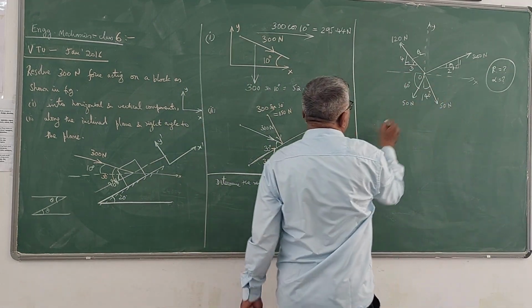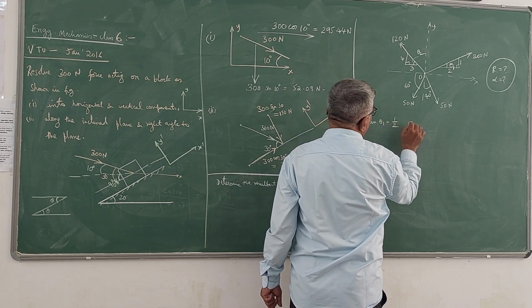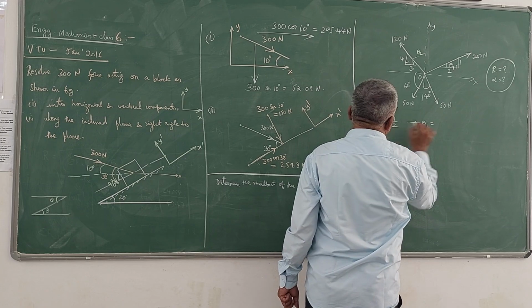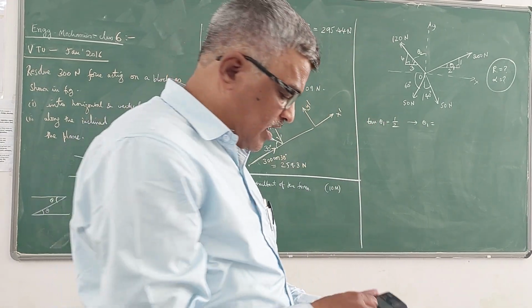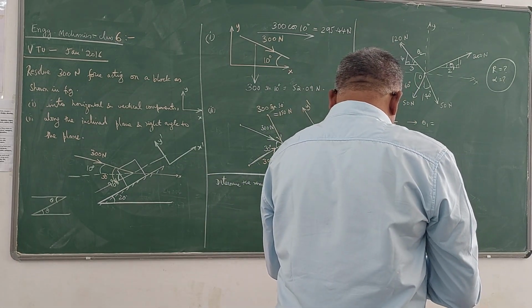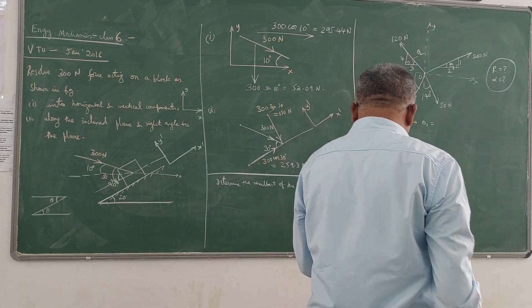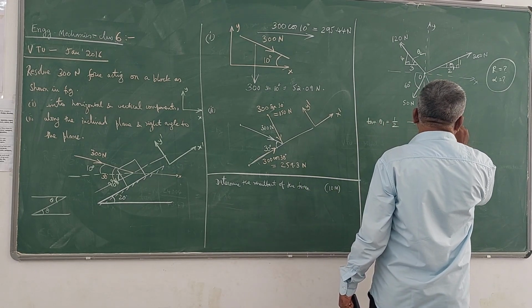Now let us find out theta 1. So what is tan theta 1? 1 by 2. So you can find theta 1 as tan inverse of half, which is tan inverse of 0.5, 26.56 degrees or 26.6 degrees.